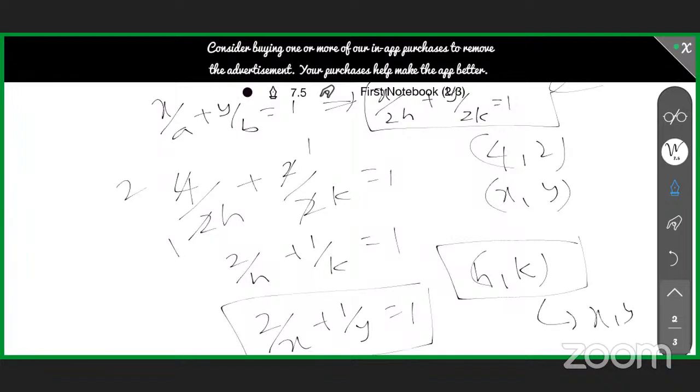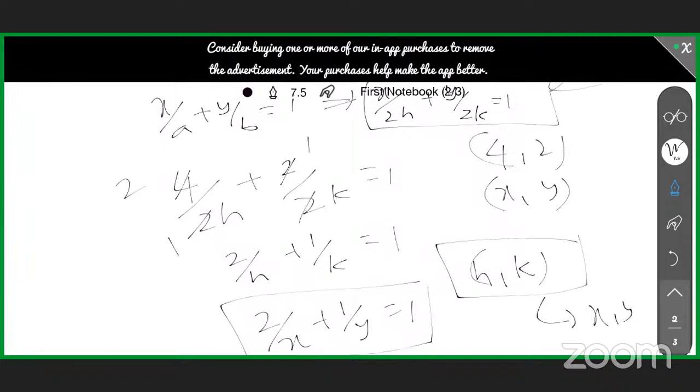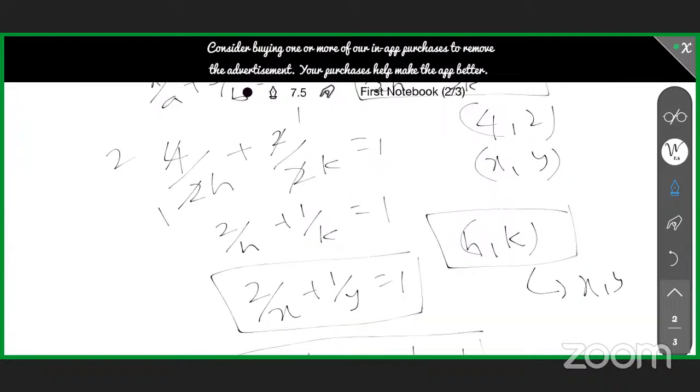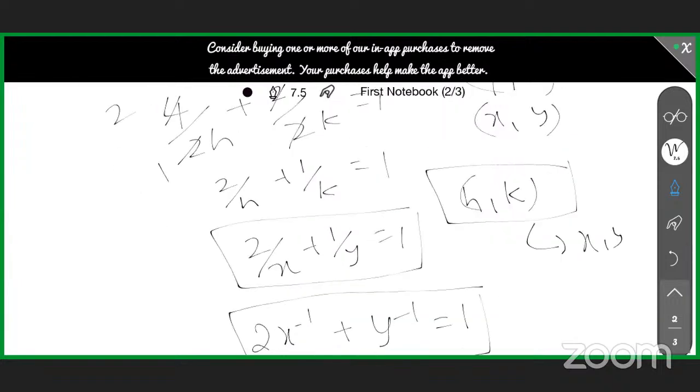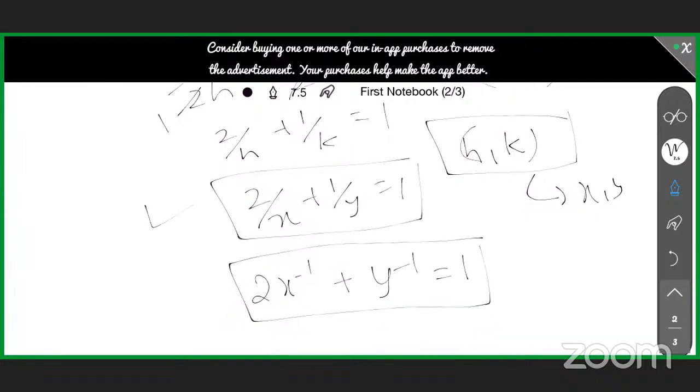So it becomes 2 by x plus 1 by y is equal to 1. By chance, if you don't have this option in the answers, then transform that into inverse variables. It becomes 2 by x inverse, y inverse is equal to 1. Do you understand the locus of the center of the circumcircle in the given question?